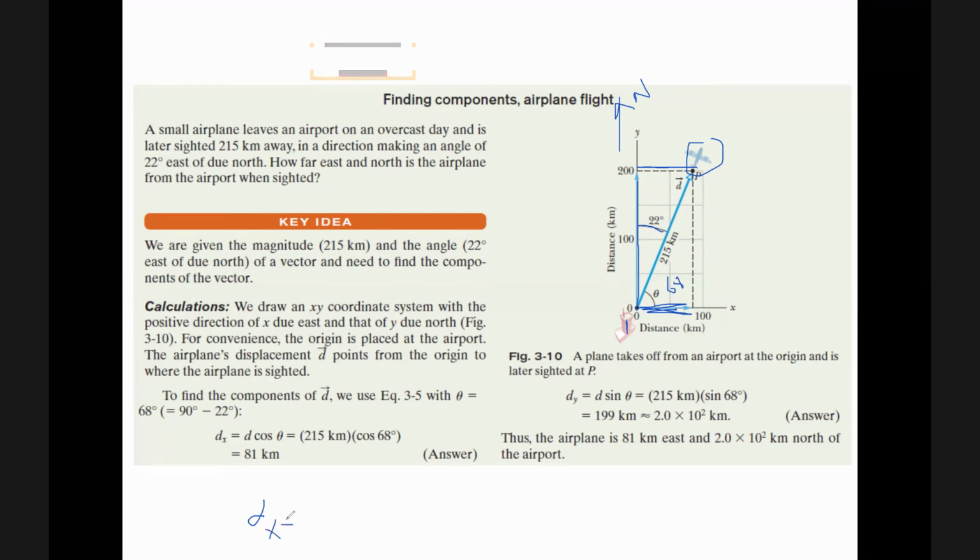Either you say it is d cosine 68, which is equal to saying it is d sine 22. If you put it on the calculator, by the way, so you don't get confused, cosine 68 on the calculator is equal to sine 22.